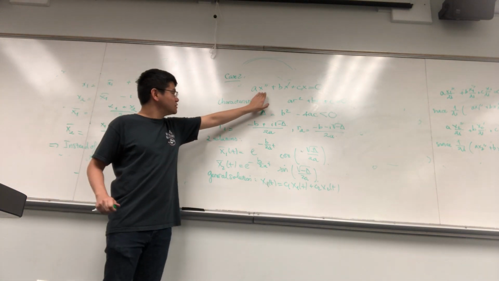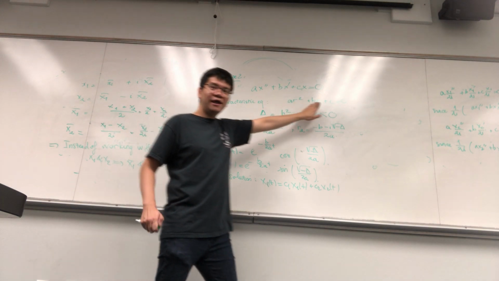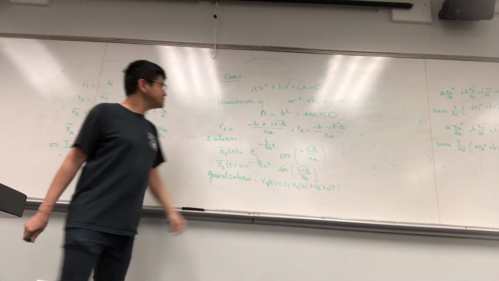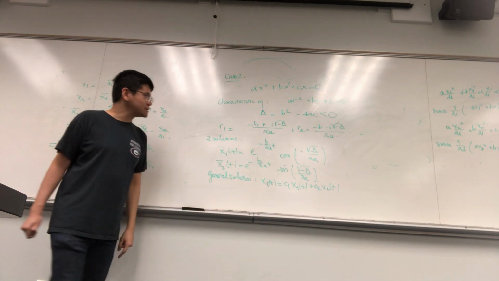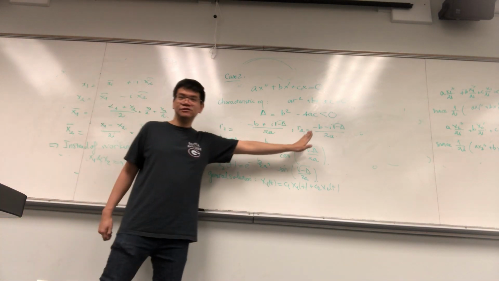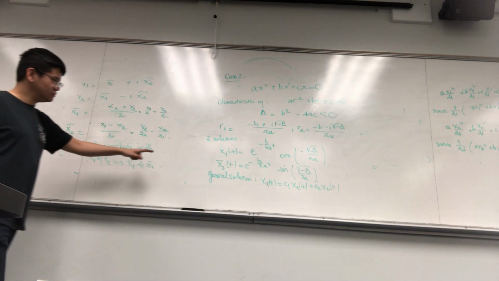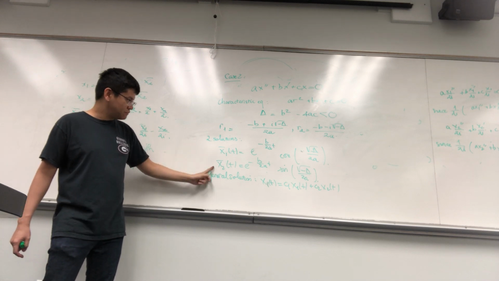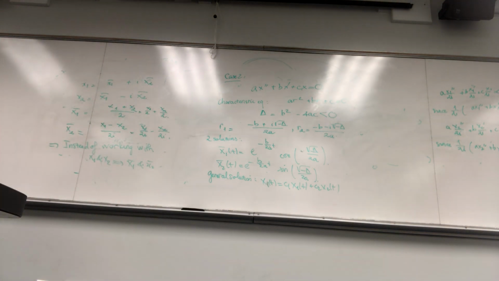You have this equation, a x second plus bx prime plus cx is 0. You write down the quadratic form or the characteristic equation. You consider the delta, which is b squared minus 4ac. In this case, delta is negative, so you have two complex solutions, right? So in this case, you also have two solutions, of this form, and the general solution will be the linear combination of these two. Questions?